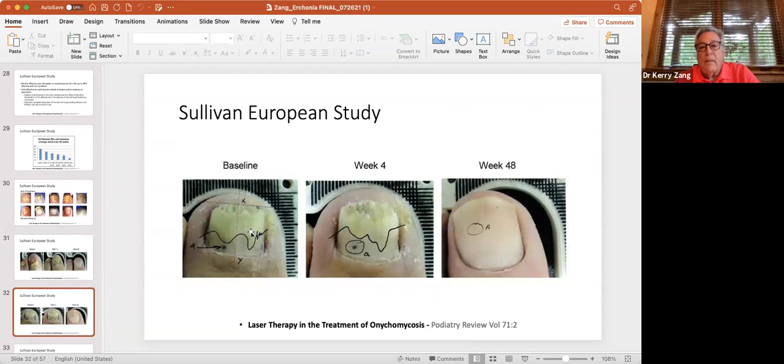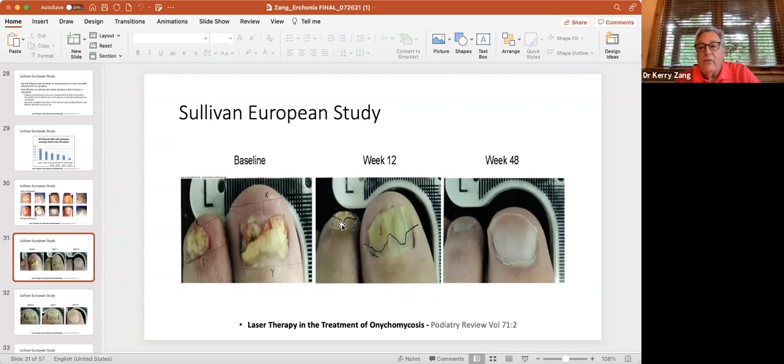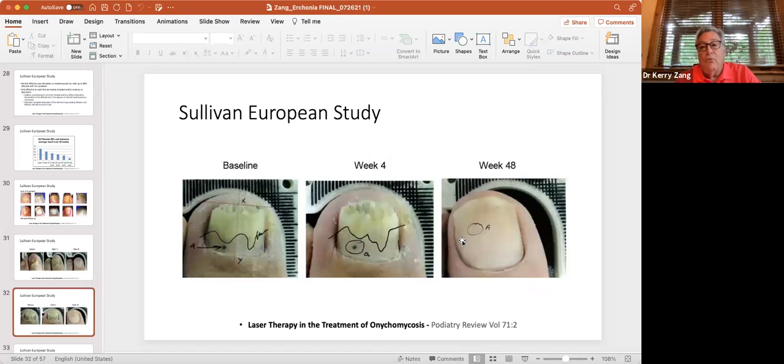Again, I wanted to go back to show you, look at the second digit toenail again. I mean, you have pretty good clearing with very little to no risk. And you can see how hard this is, but look at the difference. It almost looks like it's trying to melt or become more porous, but it really doesn't change the nail structure.